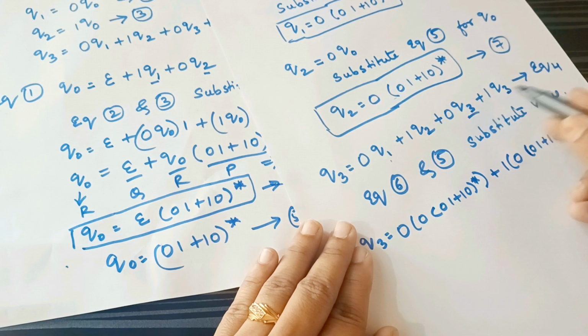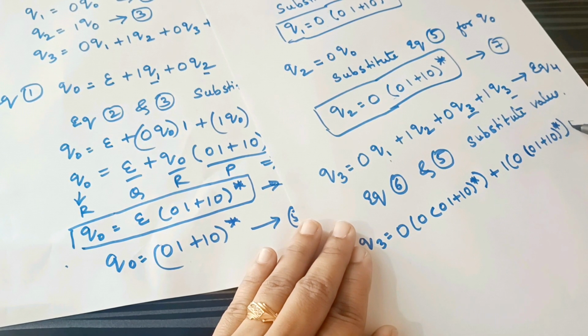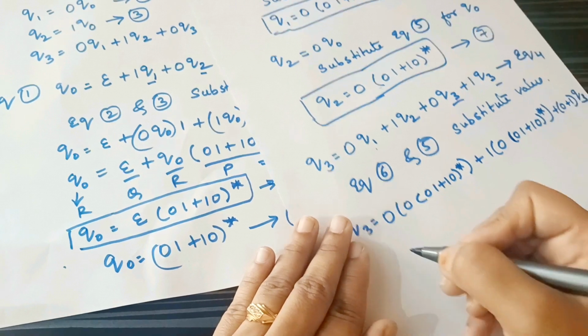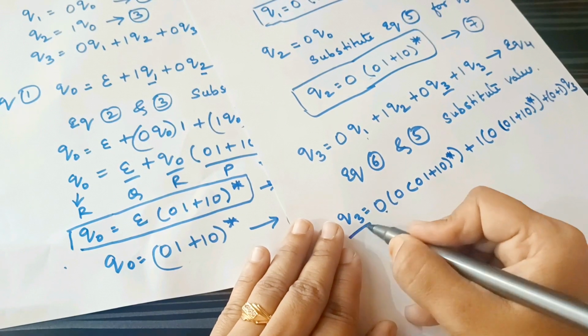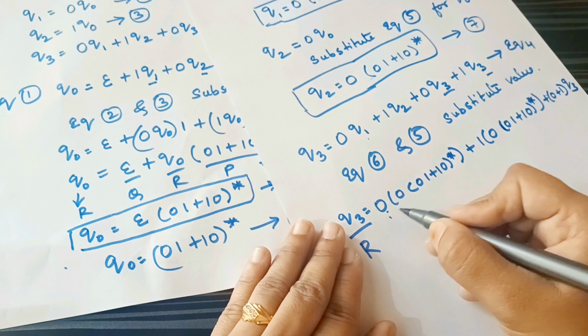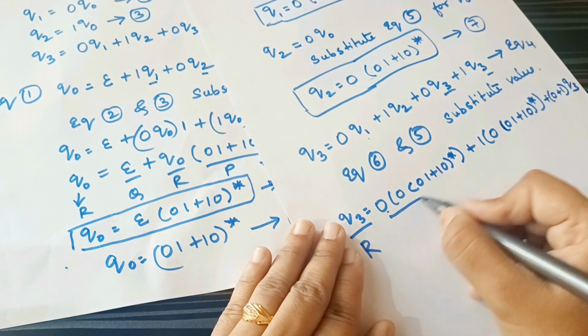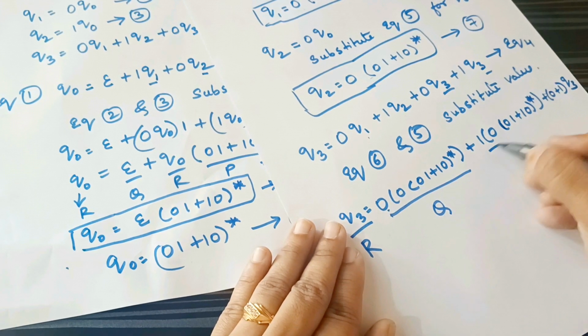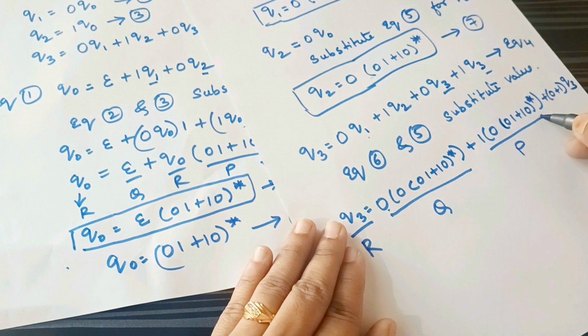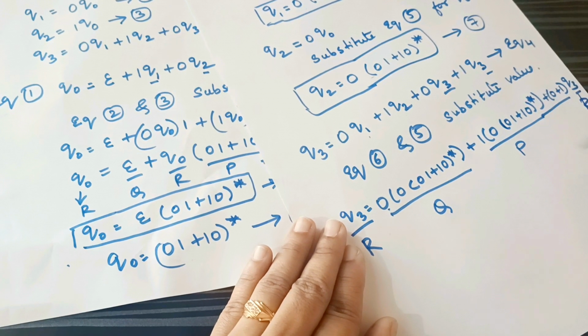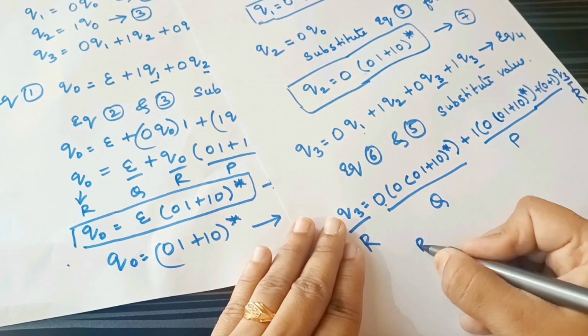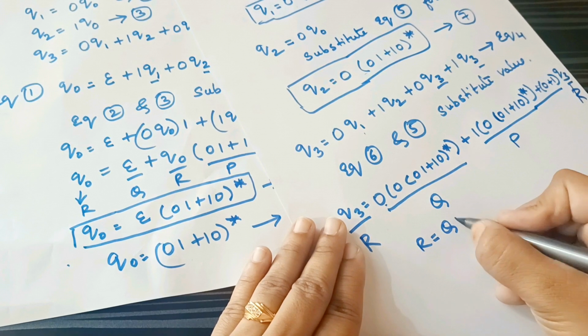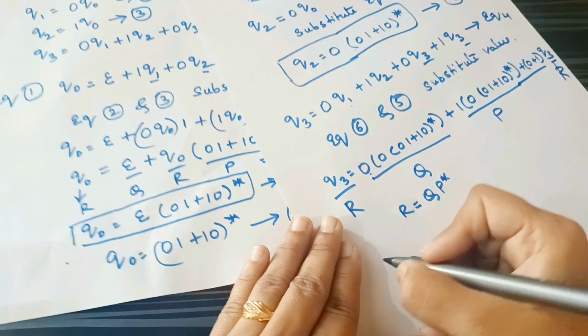In this we can take Q3 as common, so we will get (0 plus 1) into Q3. Again this equation we can write in the form of Arden's theorem, R equals Q plus R P, so this will be R is equal to Q P closure.